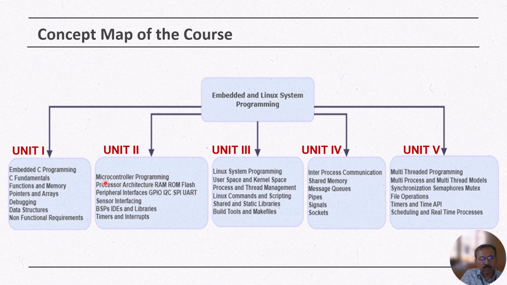Here we'll be discussing some parts already discussed, like protocols and USB, etc. Then Unit 3 will come to the core part of the subject, Linux system programming, where we'll be elaborately dealing with the user space, kernel space, process management, thread management, etc. Unit 4 will focus on interprocess communication, shared memory, pipes, and kernel sockets. And in Unit 5, we'll be discussing multi-threaded programming and how different scheduling operations are done for real-time processes.